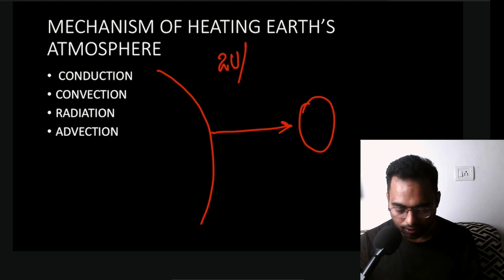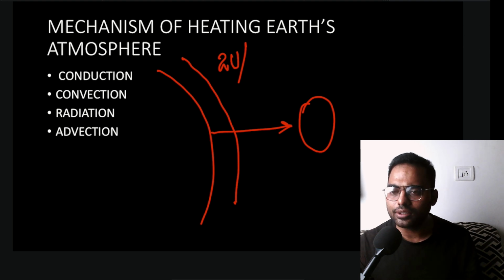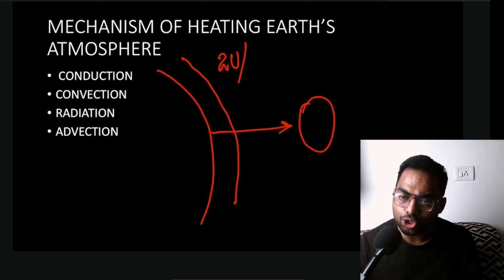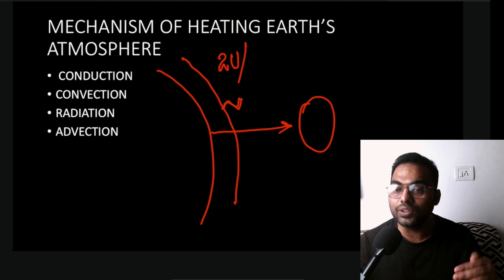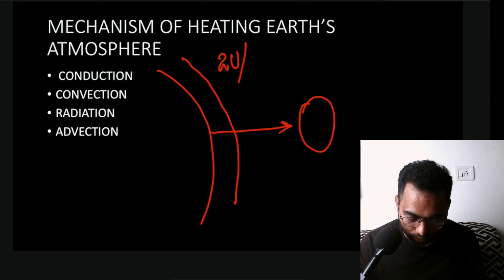So can we say that the energy which is coming from the sun is strong? Of course it is strong. And what have we learned? That stronger energy will have a shorter wavelength. All right. So the radiation, the wave which is carrying the radiation from the sun will be of short wavelength, right?